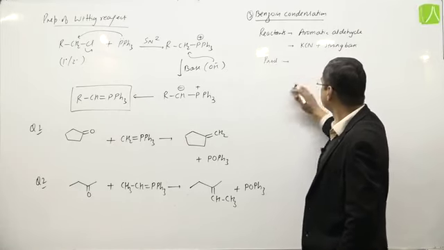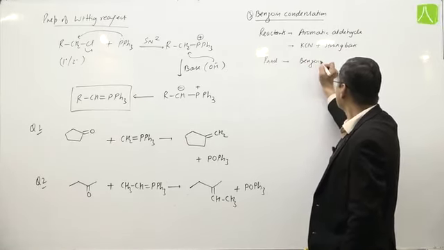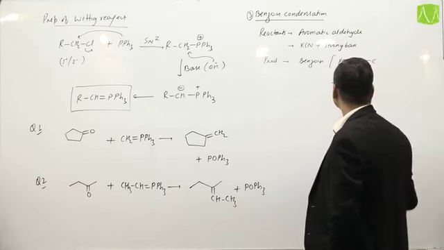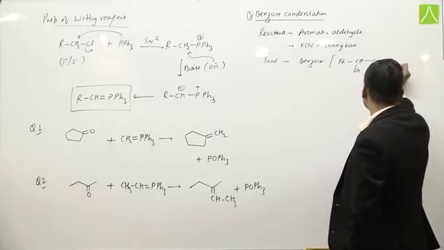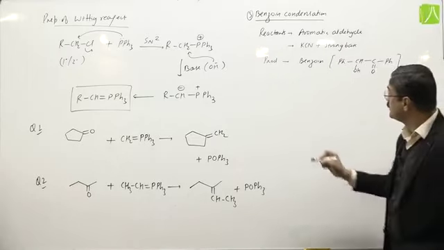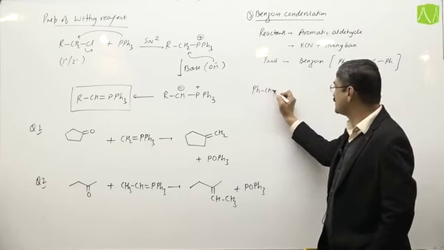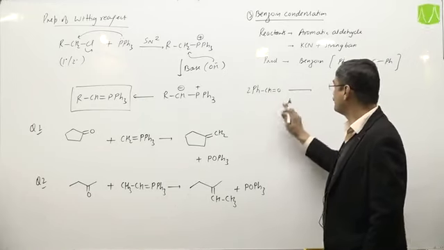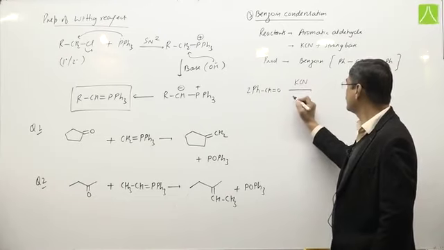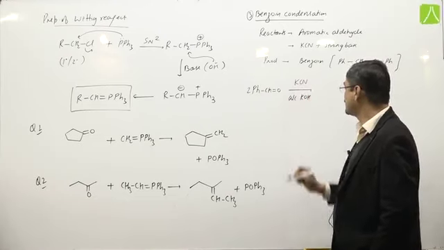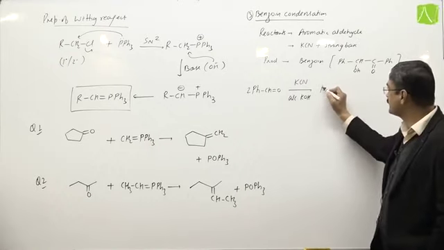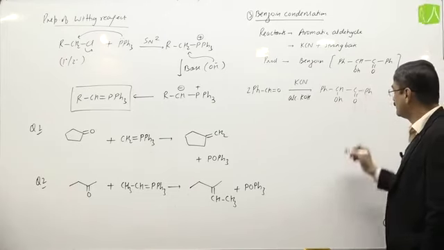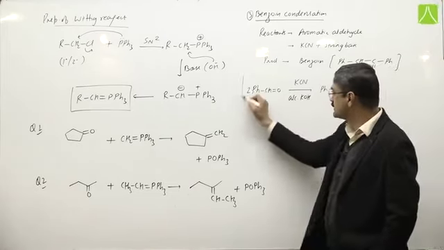Product is the benzoin. PhCHOH, this is known as benzoin. So the general reaction is like this: PhCHO plus, there are 2 moles of benzaldehyde, on reaction with KCN, alcoholic KOH, that is a very strong base. So the final product is PhCHOH COPh. This is known as benzoin. So this is a general reaction.